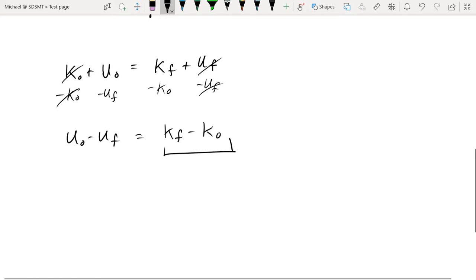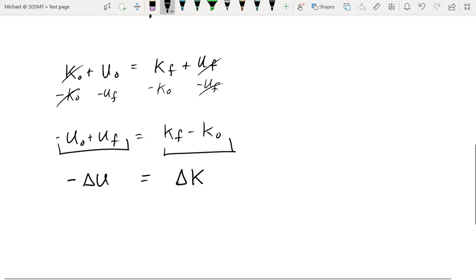Now over here I have final minus initial. By definition, that is a delta statement. That is the change in kinetic energy. But over here I have the opposite. I have initial minus final. If I were to multiply everything on the left by a -1, that would change the signs, and I would then have a delta U statement.